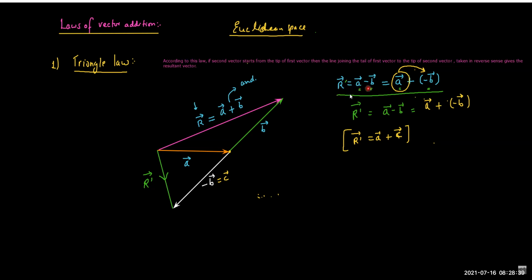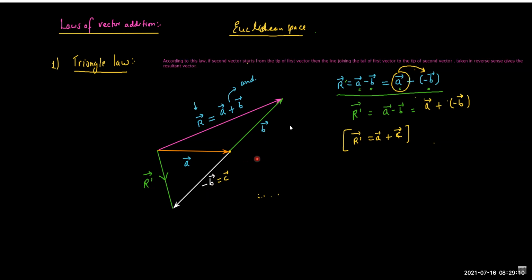It's A and minus B, so we have drawn it separately. Actually, what you are looking at is two triangle laws. One is for the addition, another is for the subtraction. But we are using the same vector in the reverse direction. So it's good to represent them on the same graph so that you can realize that B and minus B are reverse of each other.